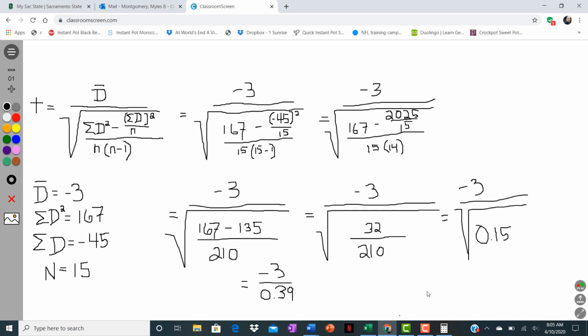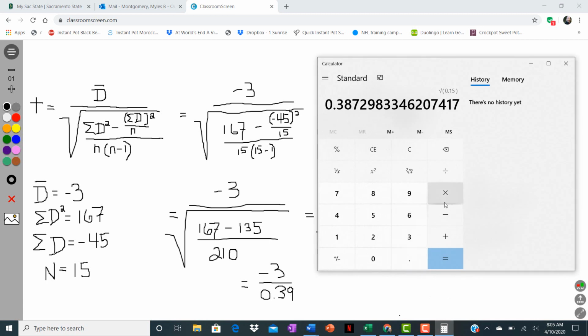So what is -3 divided by 0.39? Let's go ahead and clear that out, and we're going to go 3, I make it negative, divided by 0.39, and this is going to give us our ultimate answer. -7.69.